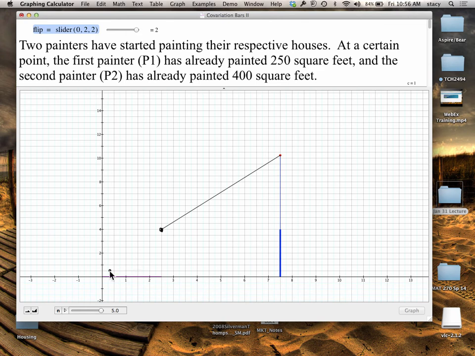So we don't actually know the relationship between how much painter 1 painted compared to painter 2 before painter 1 had painted 250 square feet and painter 2 had painted 400 square feet. We just don't know what that relationship looks like. It might not have been in a constant rate of change relationship.